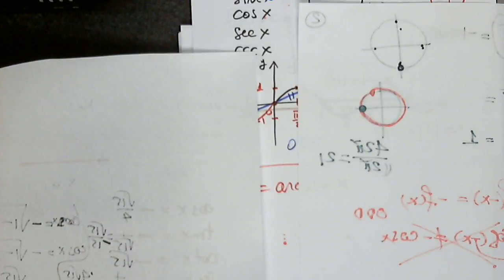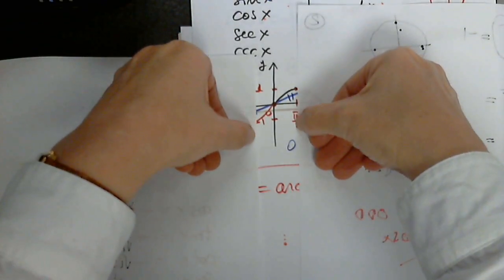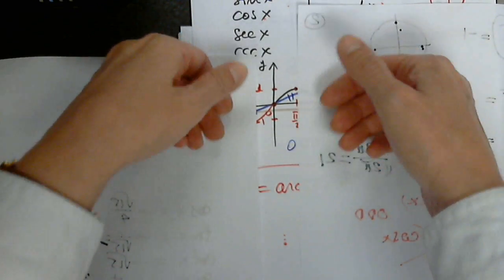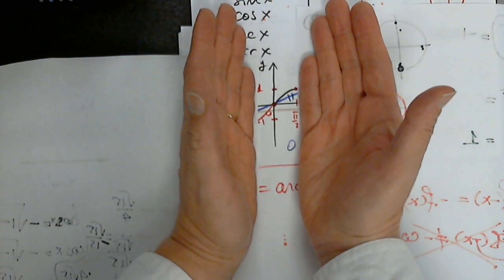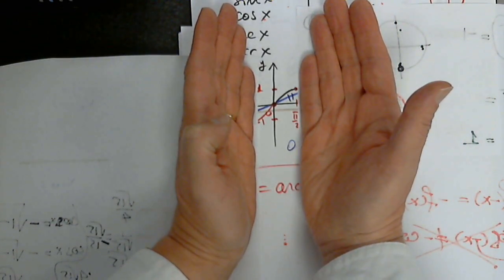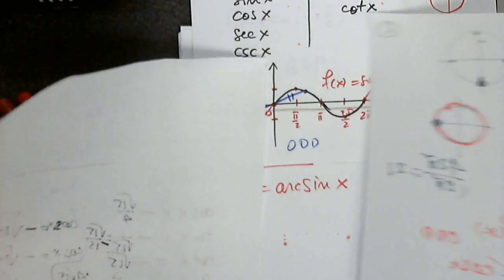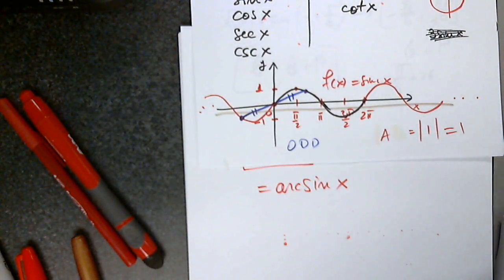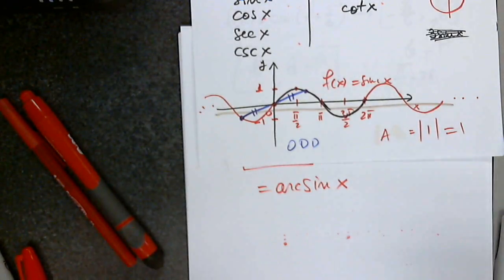It exists everywhere. There's no restrictions whatsoever. But instead, we're going to say that it's only defined between -π/2 and π/2. If we do that, will this piece alone be one-to-one? Yes. That's the reason why.